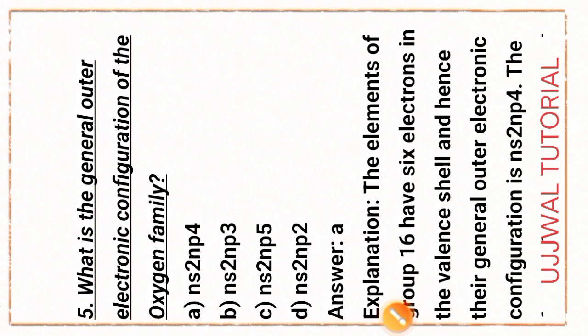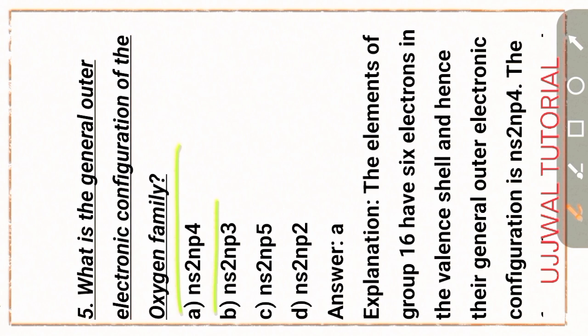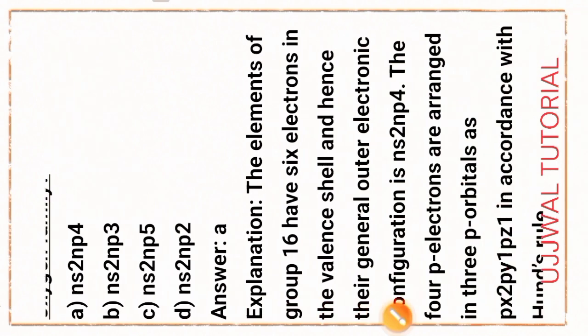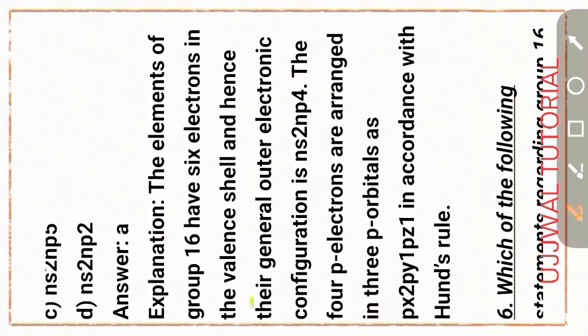Next question number 5. What is the general outer electronic configuration of the oxygen family? That is option A, ns2np4. That is the outermost shell, number of electrons 6. To explain this part, the elements of group 16 have 6 electrons in the valence shell, and hence their general outer electronic configuration is ns2np4.